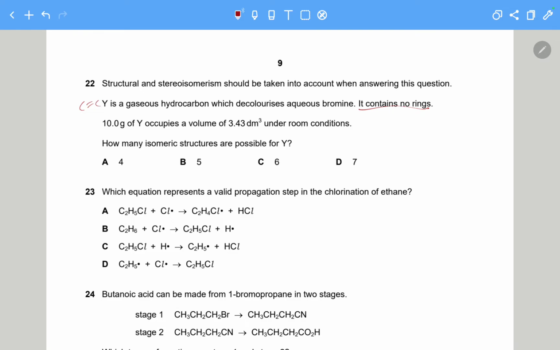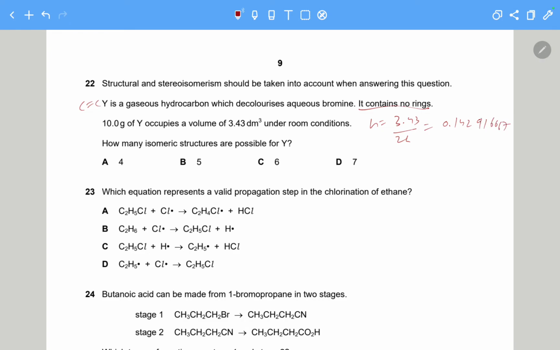Right. So we know that under room conditions, 1 mole of every gas occupies 24 dm cube. So if it's occupying 3.43 dm cube, we can calculate the number of moles. So 3.43 over 24 is equal to 0.142916667 moles.